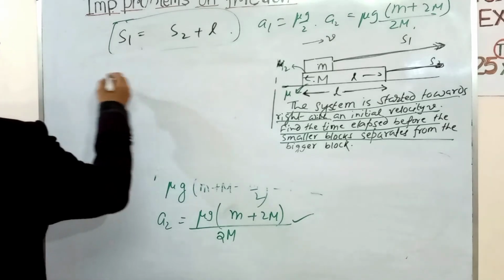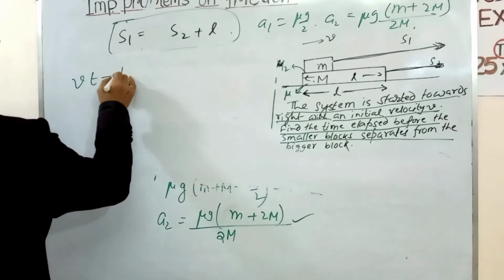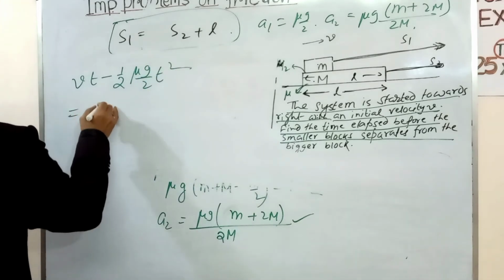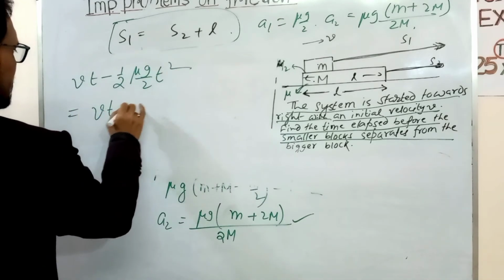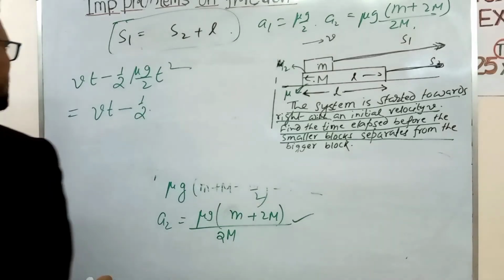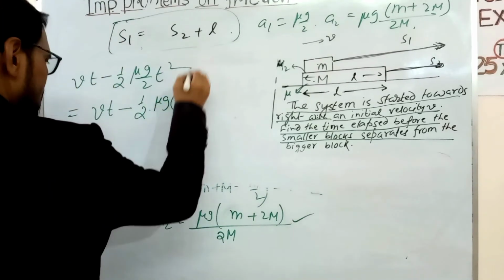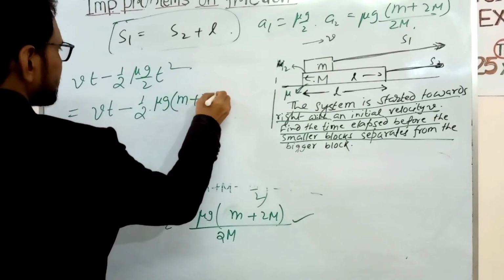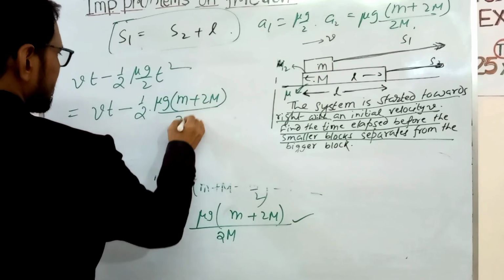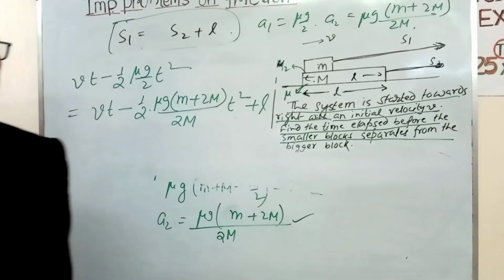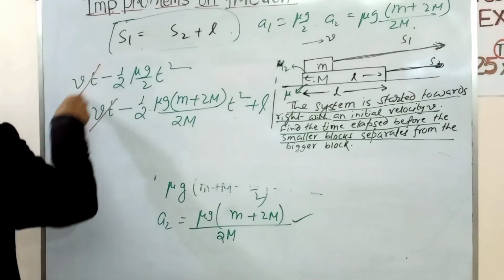Now put here S1 equal to Vt minus half a1 t square, that is Vt minus half mu g by 2 t square. S2 equals Vt minus half a2 t square, with a2 equal to mu g (2M plus m) by 2M, into t square, and this equals S1 minus L. So Vt cancels.